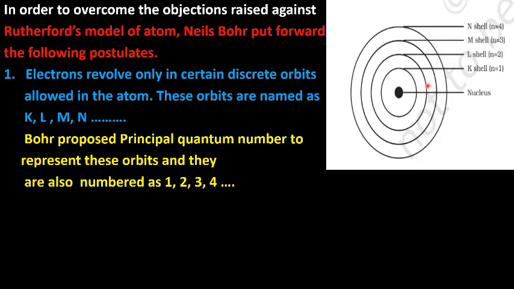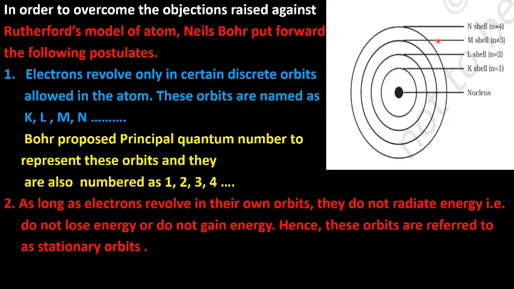You can see these orbits in the figure. So this is the nucleus, K shell, whose number is N equal to 1, then L, M, N and so on. As long as electrons revolve in their own orbits, they do not radiate energy. That is, they do not lose energy or gain energy. Hence, these orbits are referred to as stationary orbits.